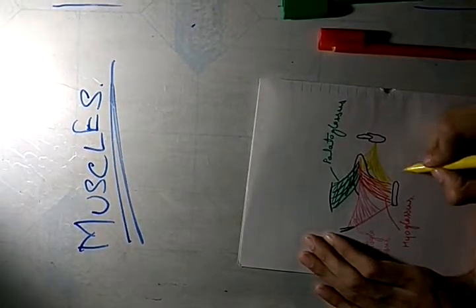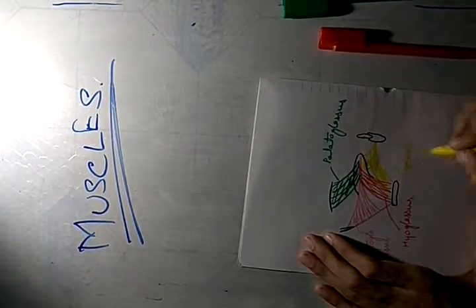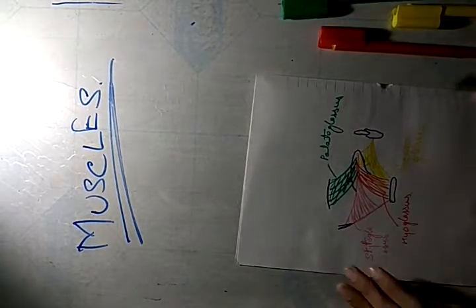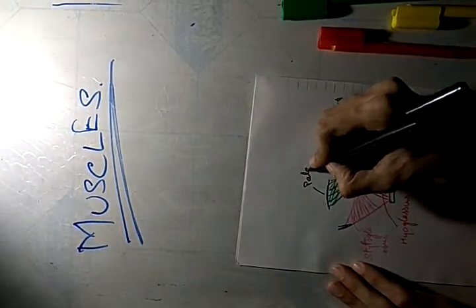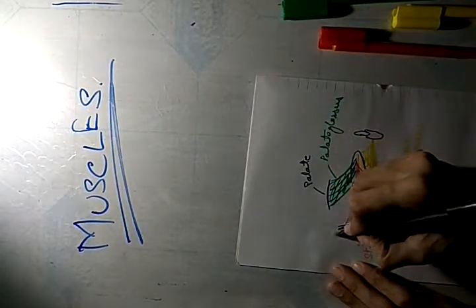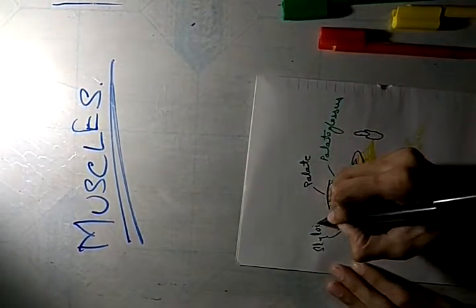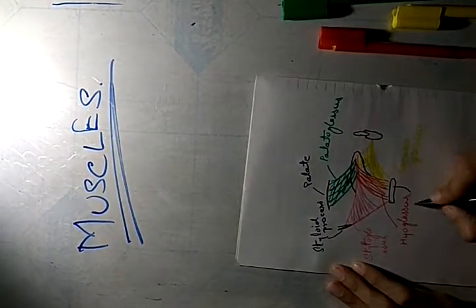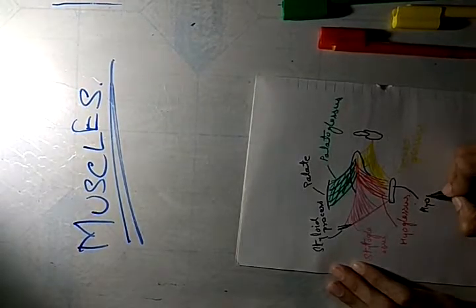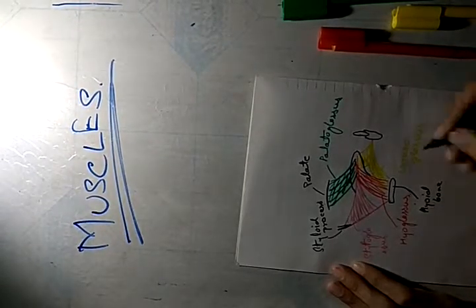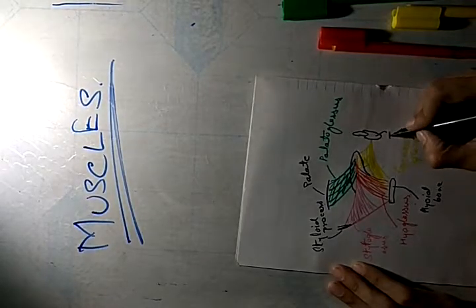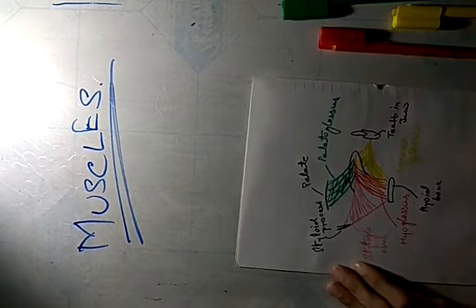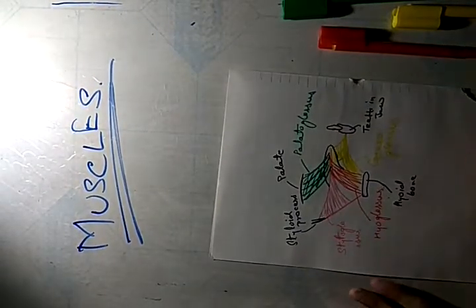This is our genioglossus. Palate, styloid process, hyoid bone, and teeth in jaw. So these are our extrinsic muscles.